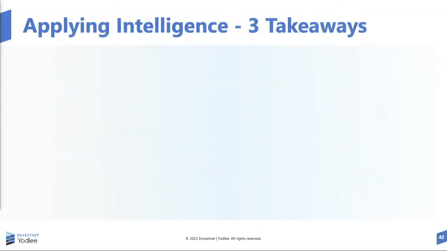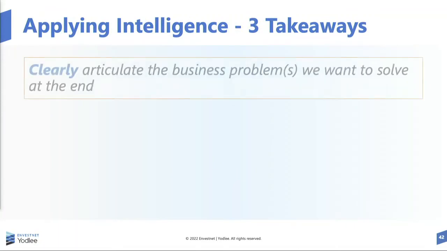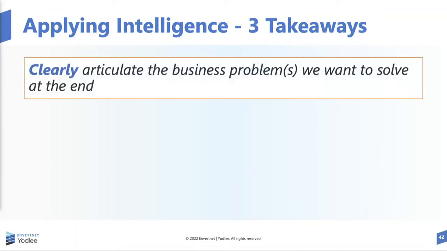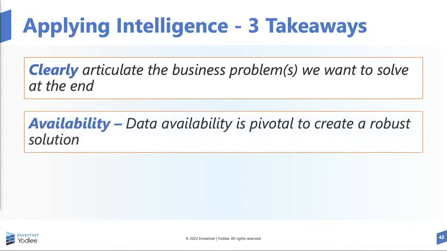To end the talk, if you only want to take 3 things out of it: number 1, clearly articulate the business problem you want to solve. That's the first thing we learned. The second is the availability of data: understanding where the data is, and making sure you have the right data platform and structures around it.